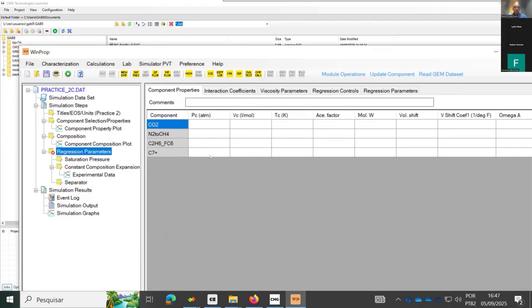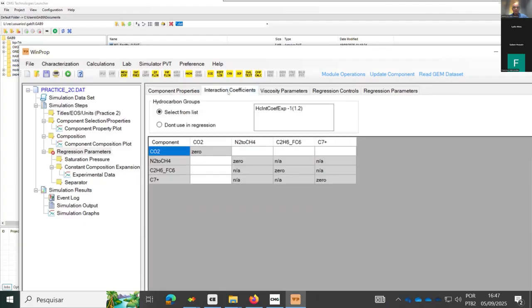Now we need to follow the same steps. We need to pick the parameters that we will tune. Okay, let's take the critical parameters: eccentric factor, molecular weight, and volume shift. And remember, let's select this correlation, the correlation that controls the binary interaction parameters among the components.